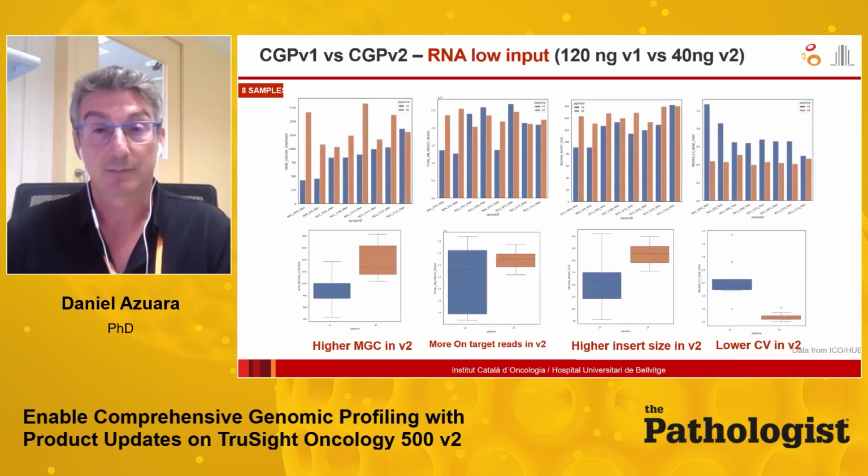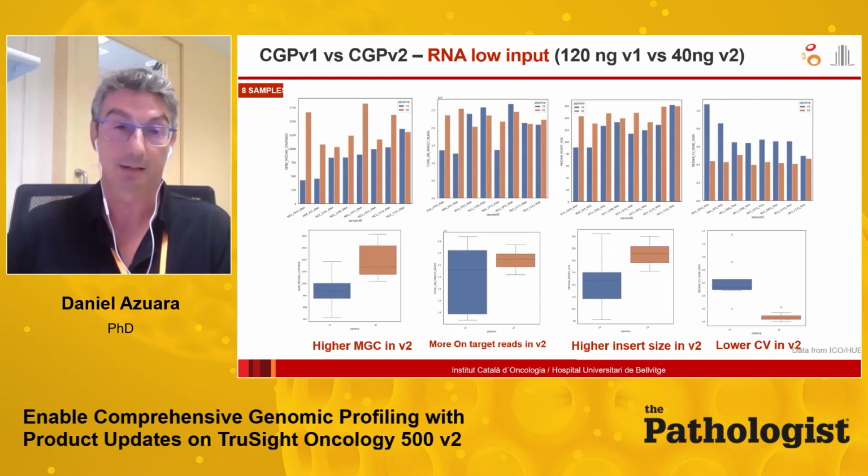These results are maintained when RNA input is reduced to 40 nanograms in V2. We observe the same behavior with less starting material, indicating greater efficiency.